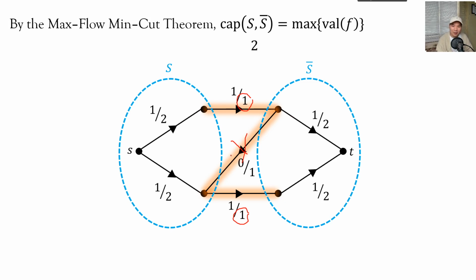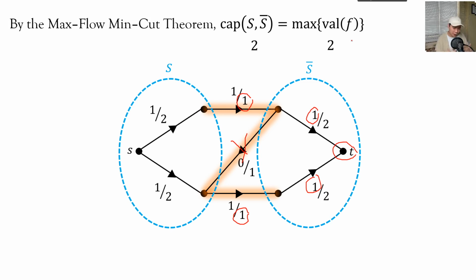Now let's check the value of this flow. Remember, the value of the flow is I look at my sink vertex, and I look at the entry and exit of this. Let's see, the entry flow is 1 plus 1. And I don't have any exit flows from here, so the total value of my flow that I've written here must be 1 plus 1 or 2.